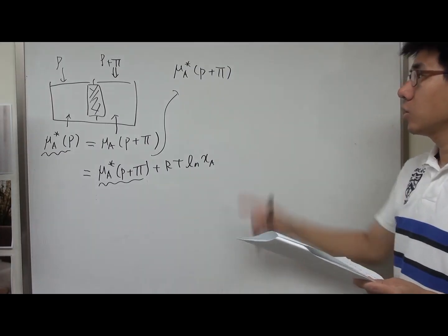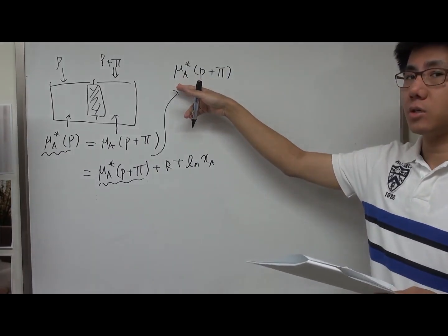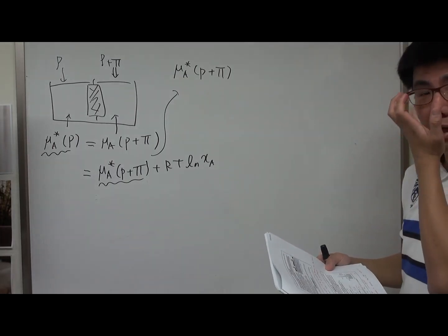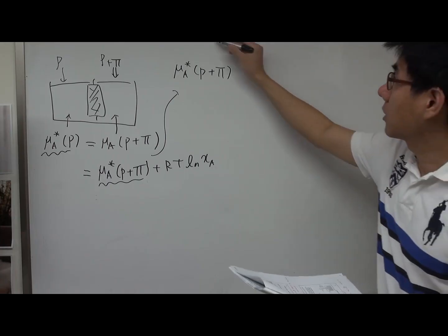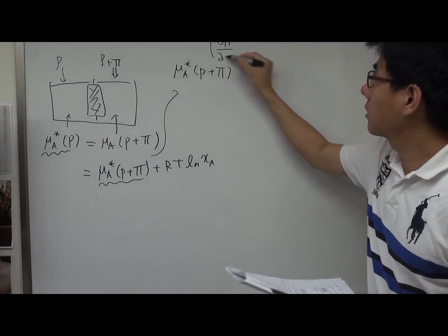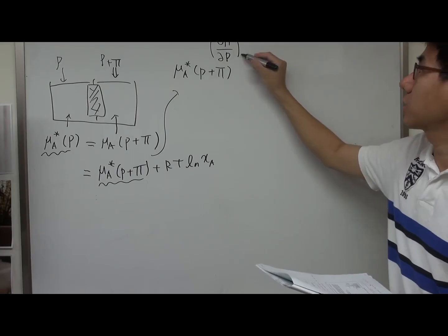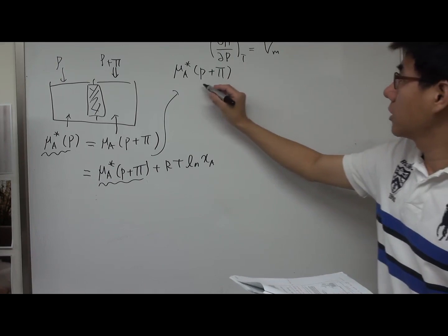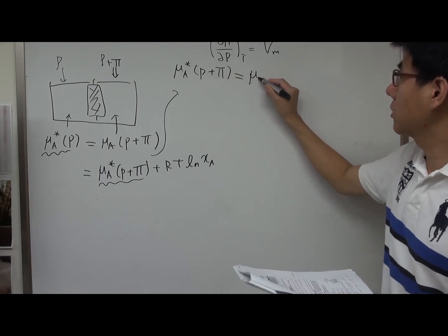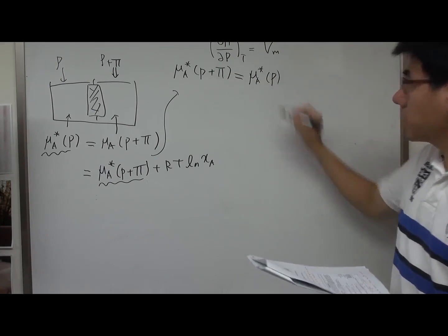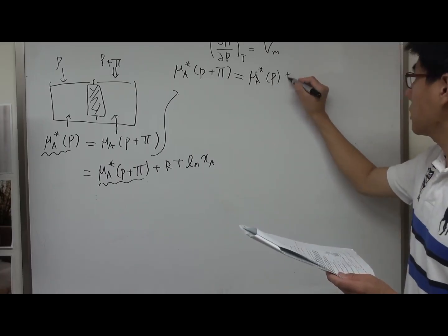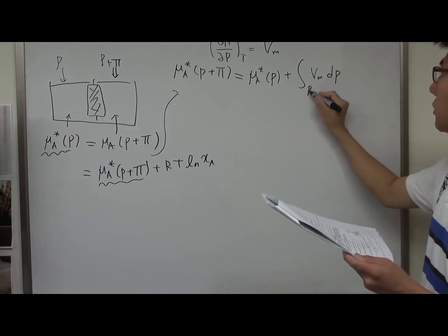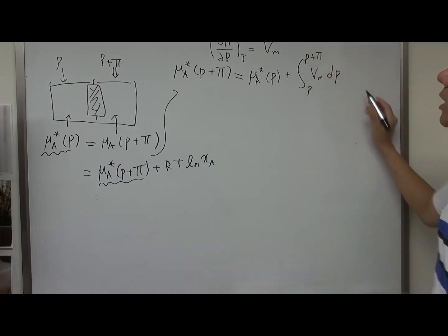We know how chemical potential changes as a function of pressure. Remember? How much? At constant temperature it was the molar volume. So this should be equal to mu A star at P plus the integral of Vm from P to P plus pi.